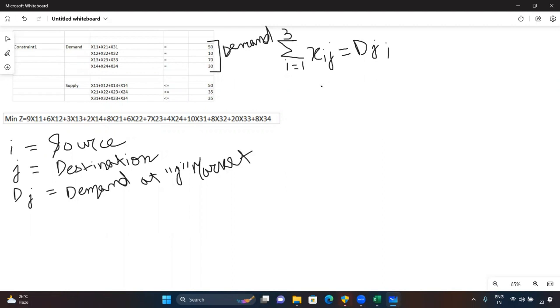Now, how do we apply this formula for all the destinations, from x11 plus x21 plus x31 to x14 plus x24 plus x34? To do that, we need to write this symbol. What is the meaning of this? This is for all.